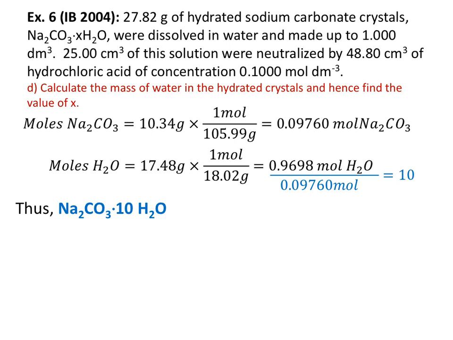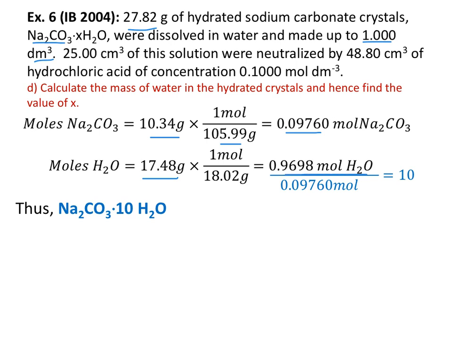So just to kind of go over it again with the typed out version, the 10.34 grams was what we found in part C, the amount of the anhydrate in the 1 decimeter cubed of water. 105 is the molar mass, so we can get the moles of sodium carbonate. Then if you take the given 27.82 and subtract the anhydrate, you can get the grams of water, converting that to moles.